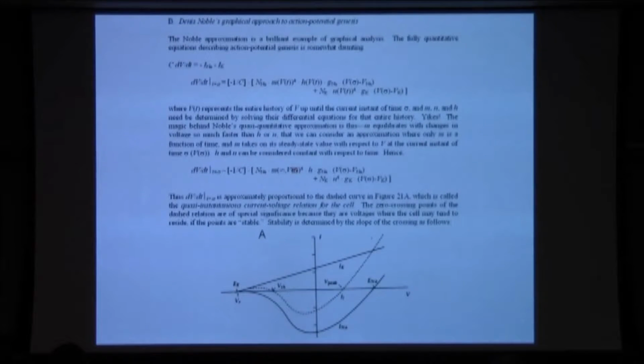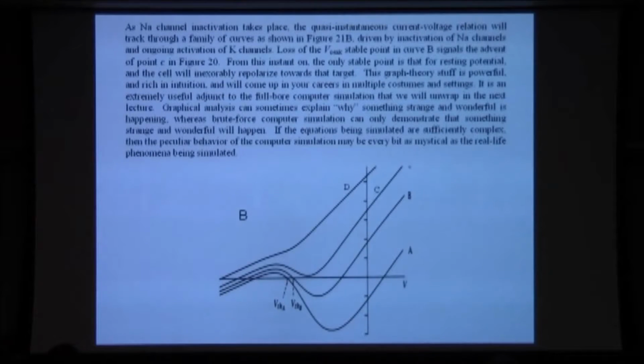So if we follow how this now changes, not instantaneously, but through the course of the action potential, we can learn a lot. So here's the original instantaneous current voltage relation. Rest, threshold, and then the ongoing action potential. So you start off here, stimulate very cautiously, you always fall back.